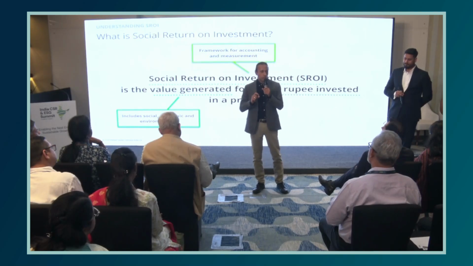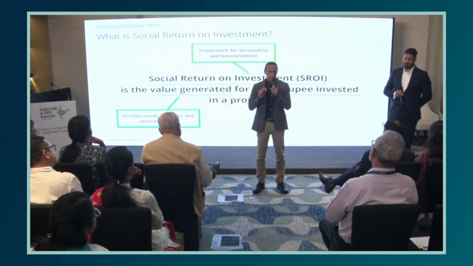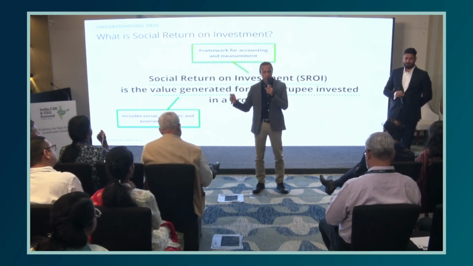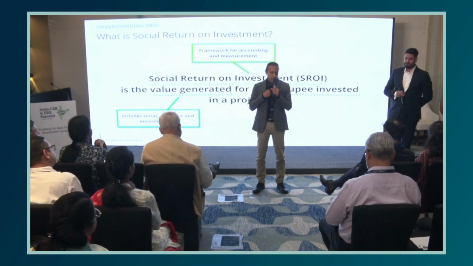So long and short of it, the assumption that we make is that qualitative value cannot be measured and you can't put a number to it. The problem statement we've taken here and unpacked is that qualitative value can also be measured and a number can be put to it. Right?